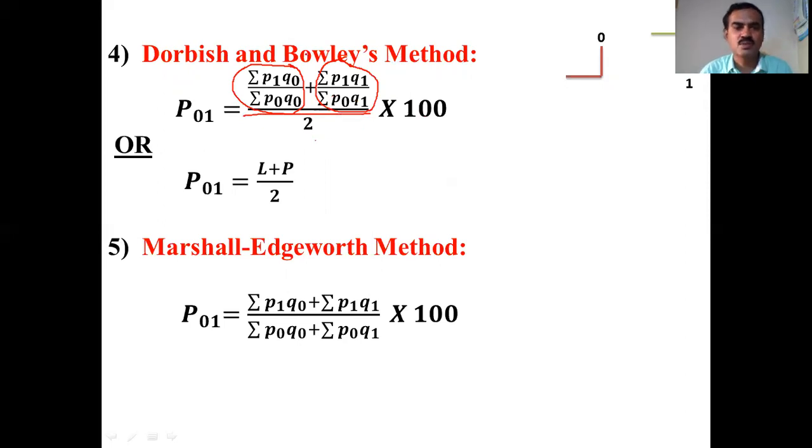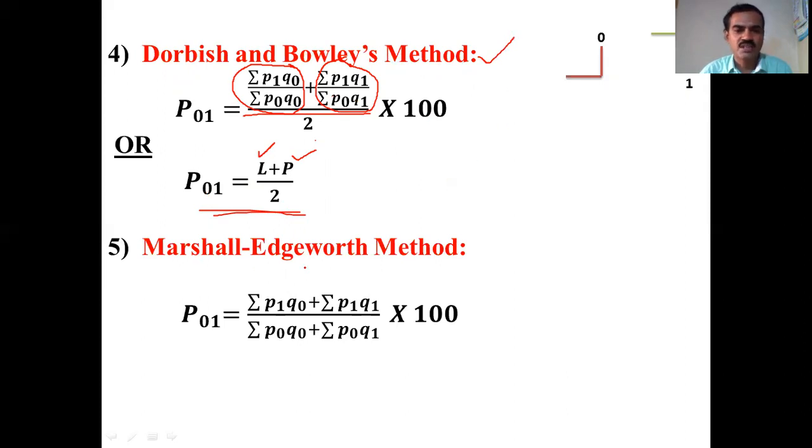So that is how the Drobish-Bowley method index number is to be found. Or you can also remember this very simple formula, that is P01 equals the index number you have found in Laspeyres' method plus the index number you have found in Paasche's method, divided by 2. Then also you will find the Drobish-Bowley index number.